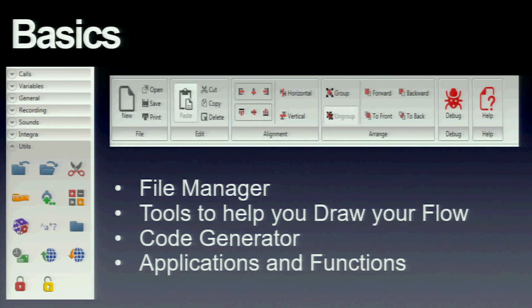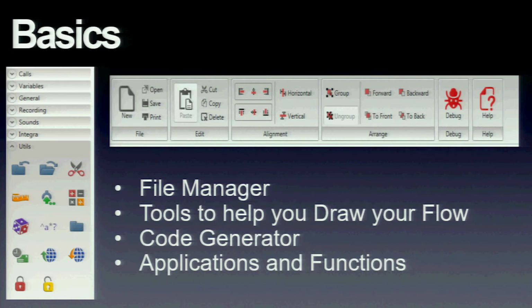To talk a little bit about the basic options of the workflow designer, we have the file manager. You can open workflows, you can save them. So you save all the flow in an XML file, and you can move it around and make changes later, and anywhere you want, you can use the debug option to check the code.